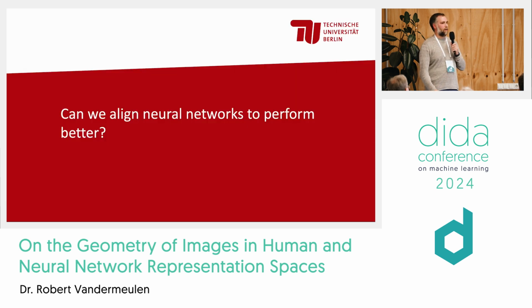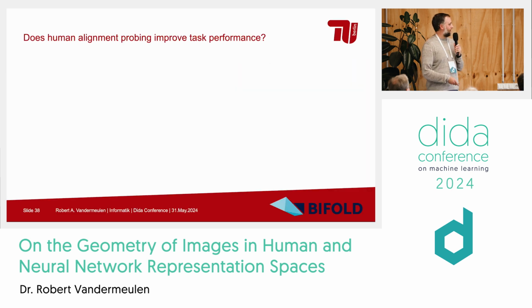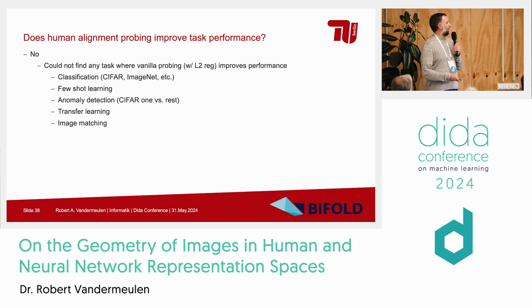Okay, so does this probing improve our network performance on useful tasks? This is a natural question to ask, I think, and it does not. So this is a little surprising. We really tried hard to find some tasks where it improved performance, where it was interesting to report.